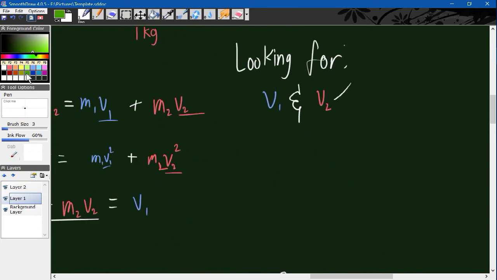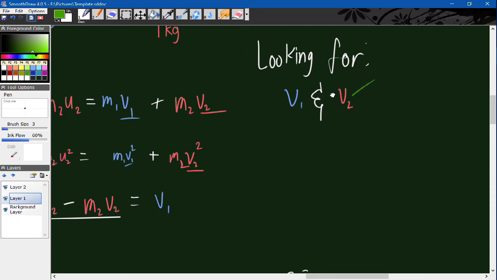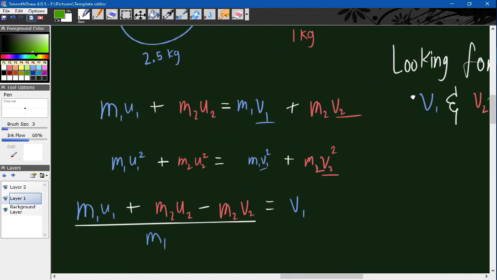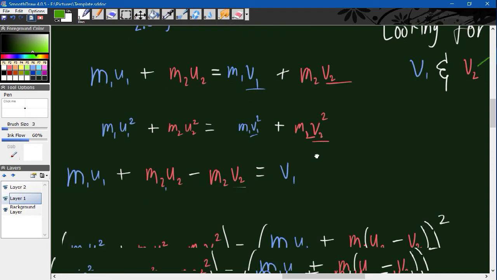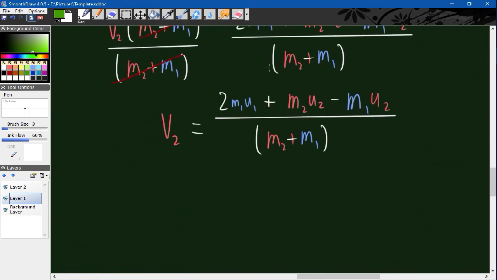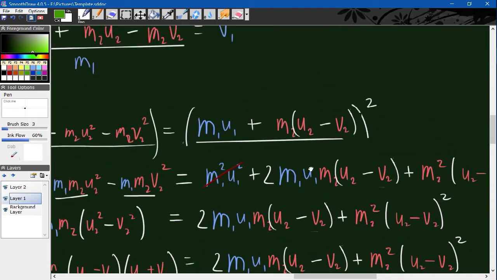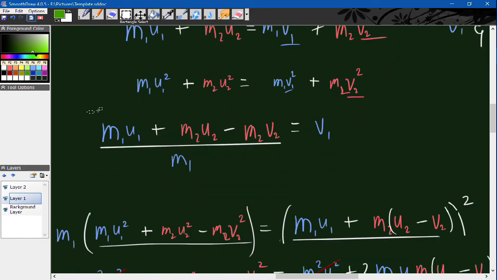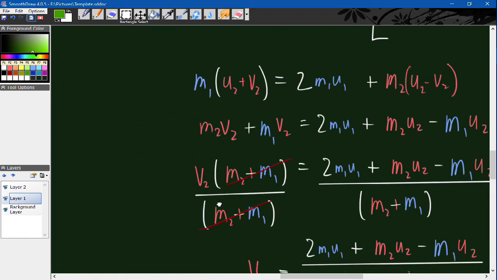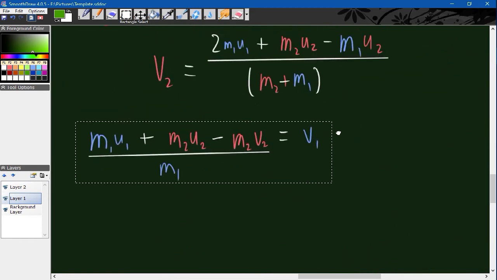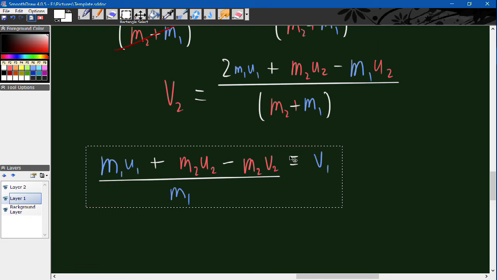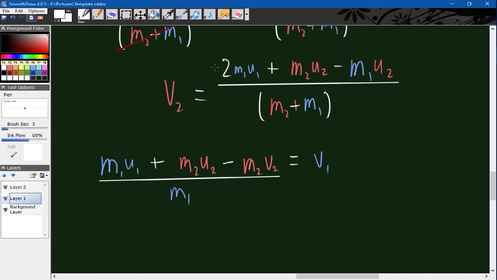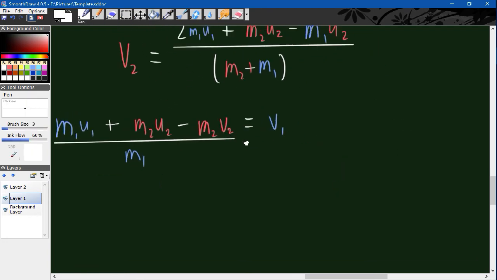But then again, we need to find out v1. But it's okay because what we could do is get this, and then substitute it here, or here at least. We'll just substitute this with whatever that is.